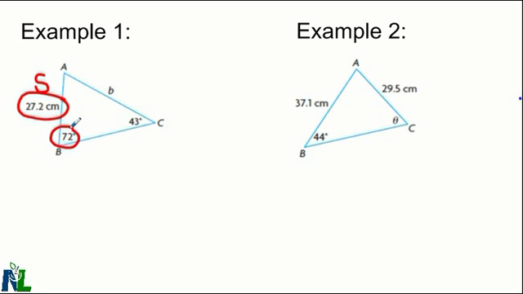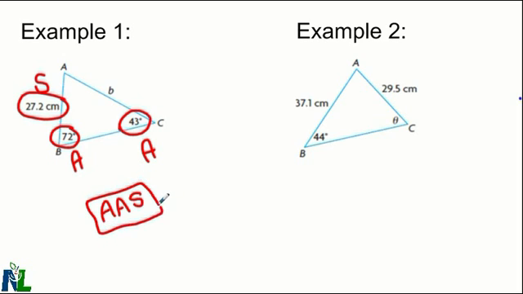The 72 is an angle measure, so I'm going to label that A. And the 43 degrees here represents an angle measure, so I'm going to label that A. So that tells me I have angle, angle, side. An angle, angle, side is a condition that tells us that we need to use the law of sines.